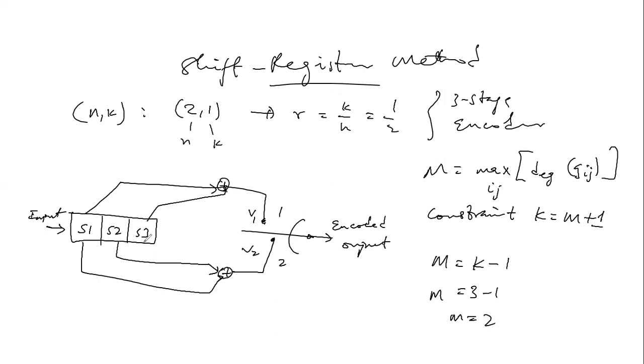So for this 3-stage register, we can tell that the memory is 2. You know that the error correcting capability is related to the constraint length, which increases with longer length. So the more the shift registers, the longer the length, intuitively.